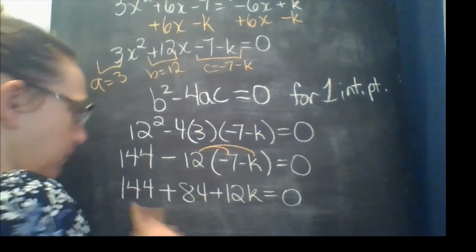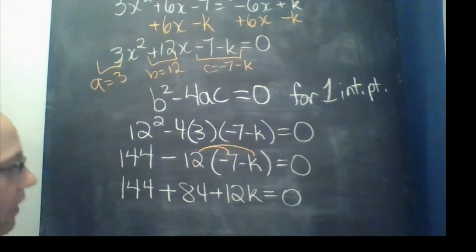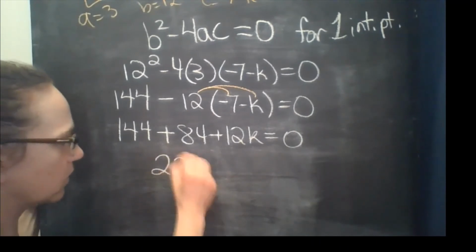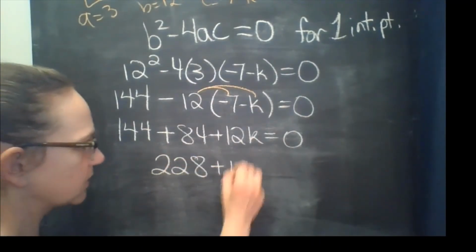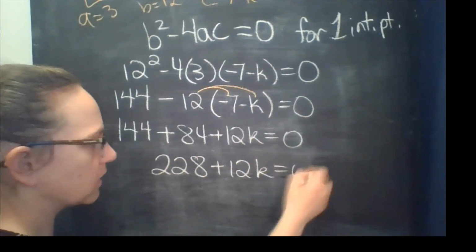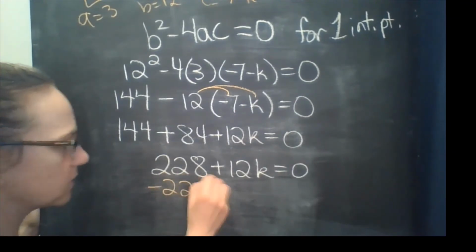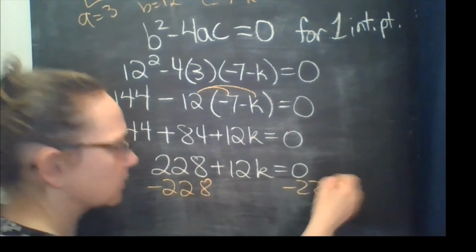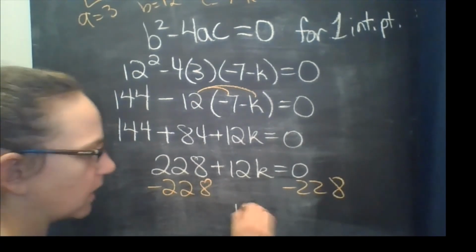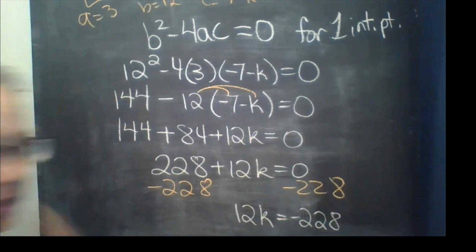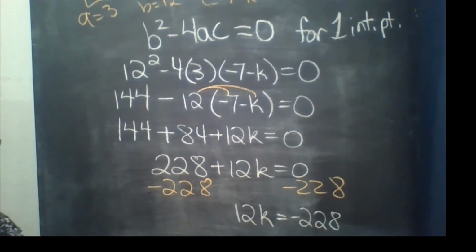All I want to do is solve for k. So let's put our numbers together, rearrange, and we've got it. 144 plus 84 gives me 228, so 228 plus 12k equals 0. Let's move the 228 to the other side by subtracting it from both sides. So we've got 12k equals negative 228.